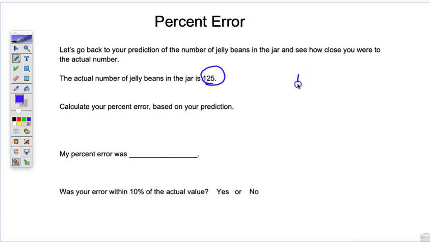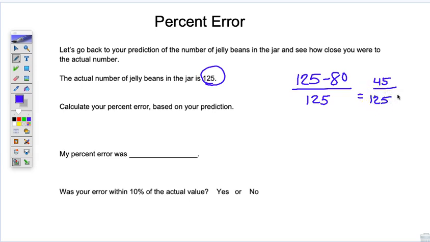So for myself, I'm going to take 125, subtract 80, and divide that again by the actual 125. Now your estimate is probably different than mine. So make sure that you are calculating your estimate and not mine, unless you had the same as what I did. So I got 125, subtract 80, that's 45.